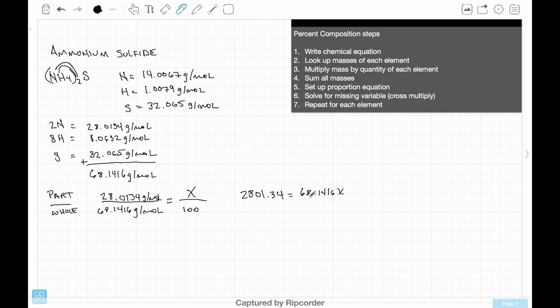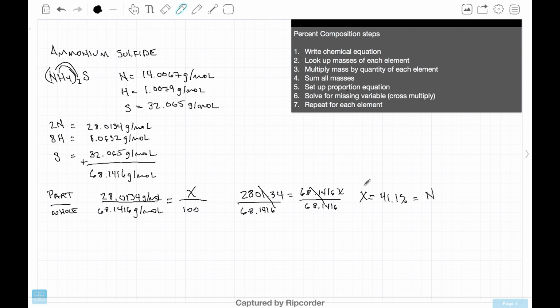Division will get x by itself. And you find that x equals 41.1%. And that represents the percent of nitrogen in ammonium sulfide.